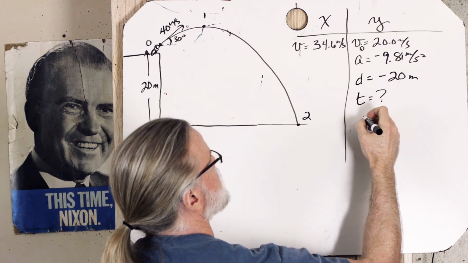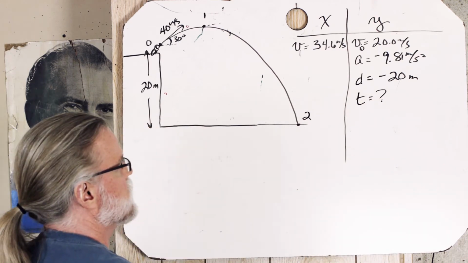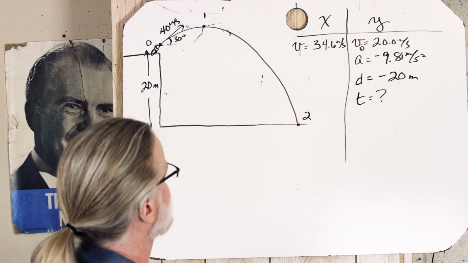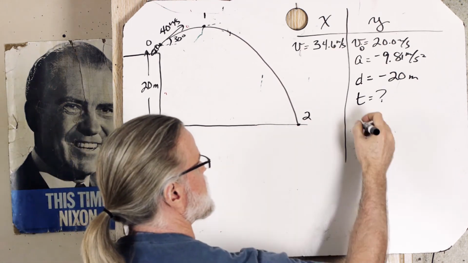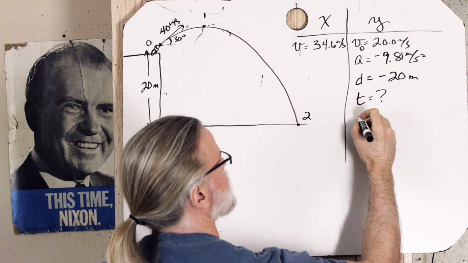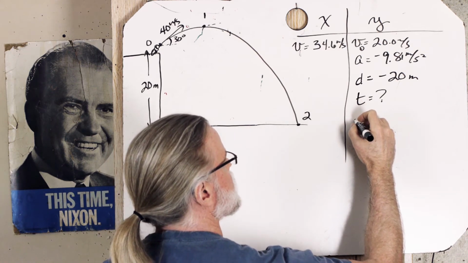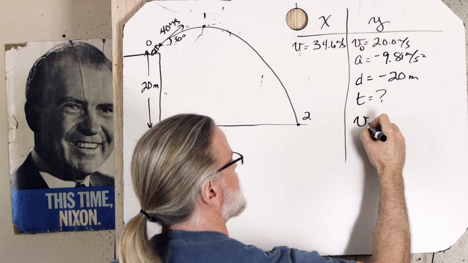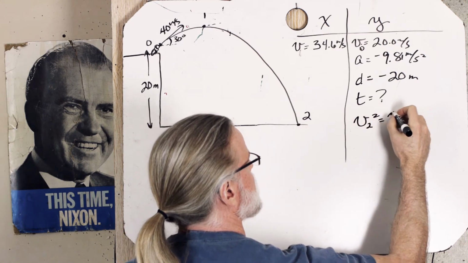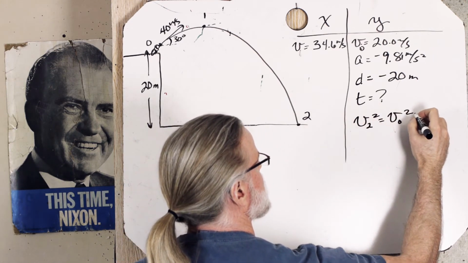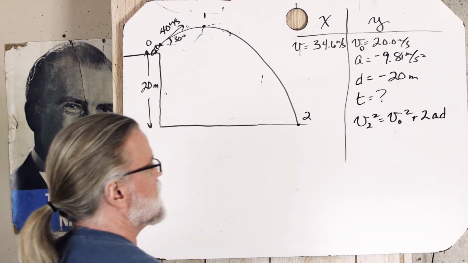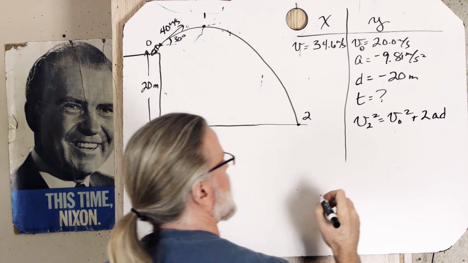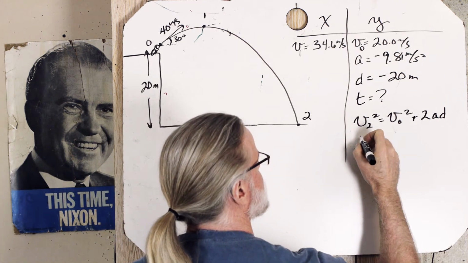Let's do it using 2 steps, using squarey to find the speed when it gets to the bottom, and then we'll use the definition of acceleration to find the time. So I'll use squarey. That's v2 squared equals v0 squared plus 2 times the acceleration times the displacement. And let's solve for the speed at the bottom.